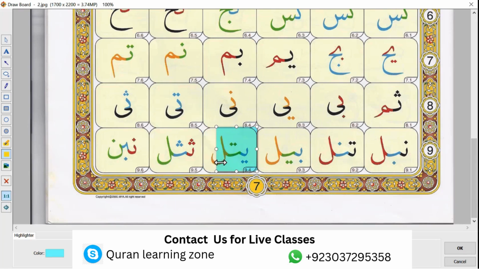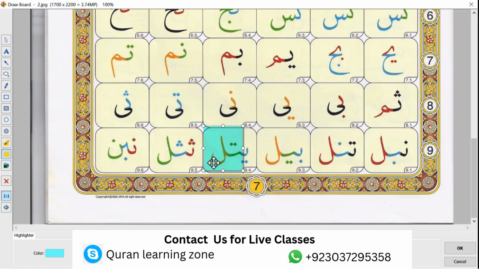You can see here there are two letters. The first one is ya and the second one is ta. I told you that before in the first lesson of Noorani Qaida. Ya has two dots on the bottom of this letter and ta has two dots on top of it.